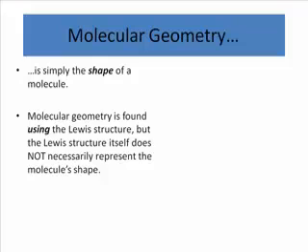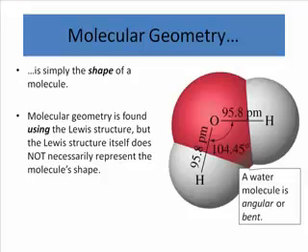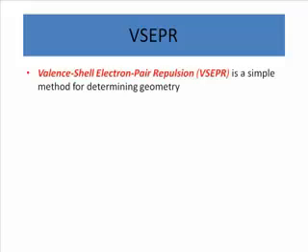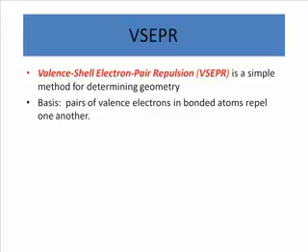Okay, molecular geometry, when we talk about that, we're talking about the three-dimensional shape of a molecule. And the model we use to determine its shape is called valence shell electron pair repulsion, VSEPR, and it basically centers around one key concept: when you have pairs of electrons in a molecule, they are going to position themselves in a way that maximizes the distance between them.